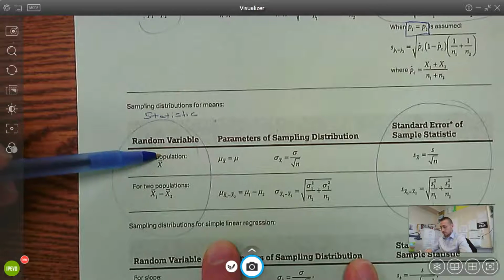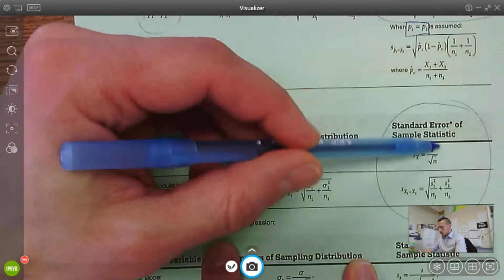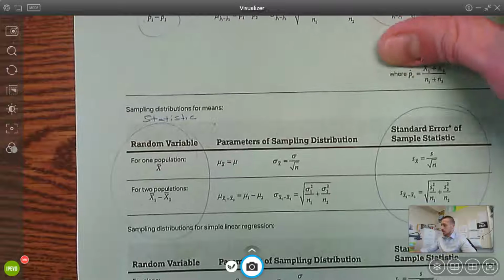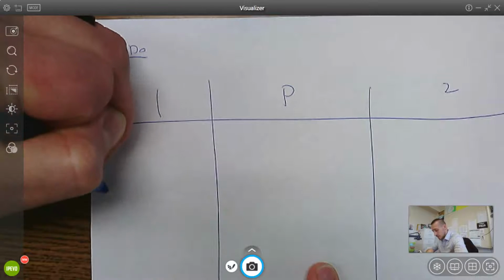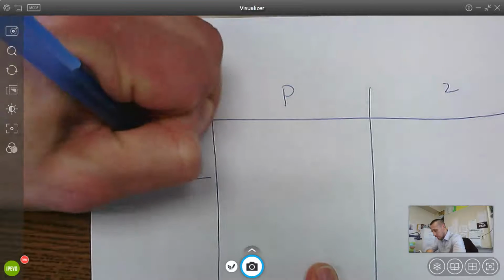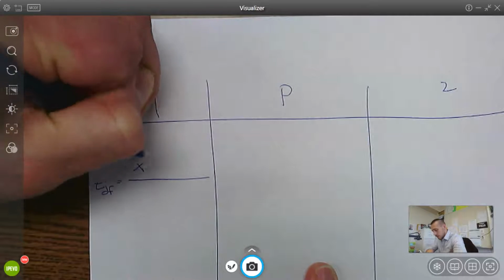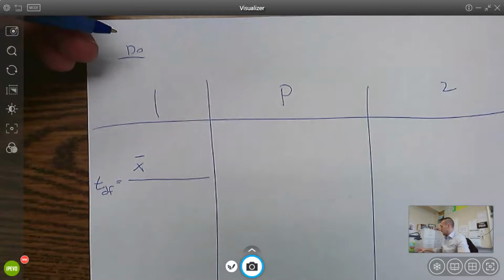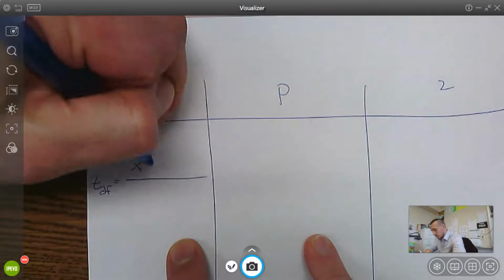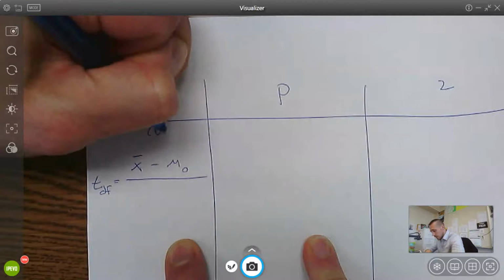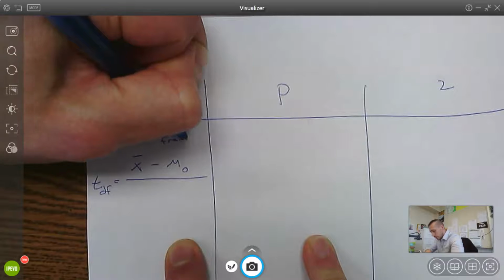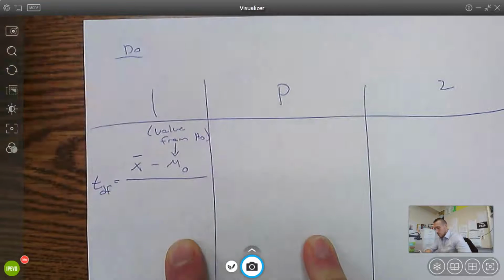One statistic, standard error of that. So for a one sample t-test, the test statistic is going to be t sub whatever the degrees of freedom are. The statistic is the sample mean minus the null, mu null. So that's the value from the null hypothesis.